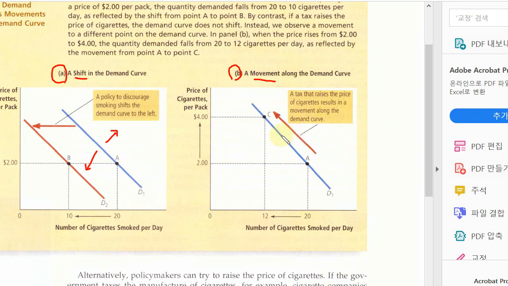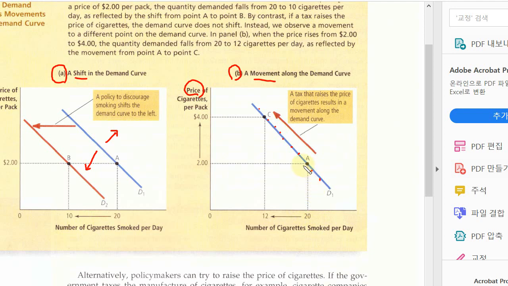Movement means moving on the line, along the demand curve, here, here, here like this. It depends on what the items are and how the demand moves. Anyway, a movement along the demand curve occurs when the factors, price and quantity, change.